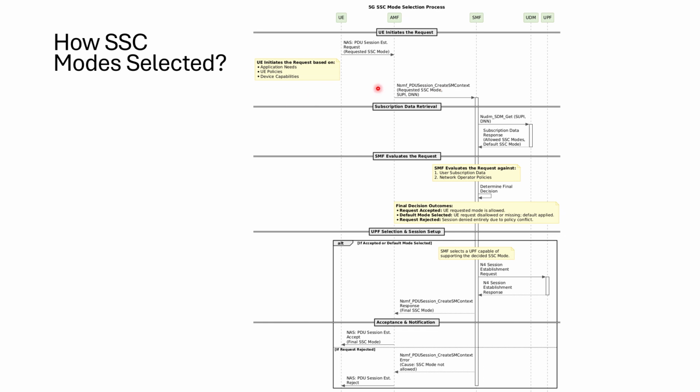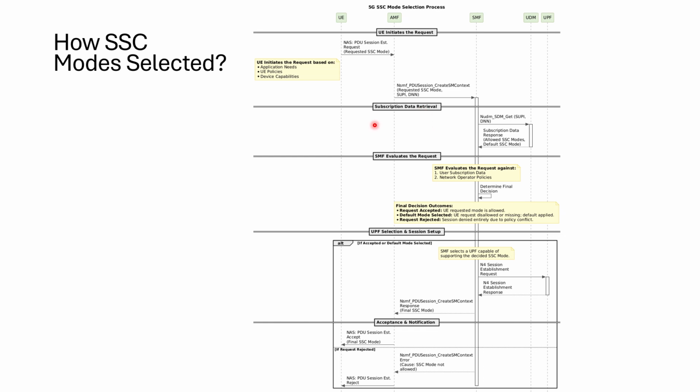The UE is going to include the requested SSC mode, and along with it an S-NSSAI ID, or you can say slice ID, and the DNN, which provide context for the request. However, it is very important to remember here, the UE's request is just a suggestion.